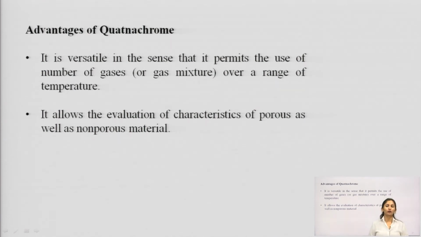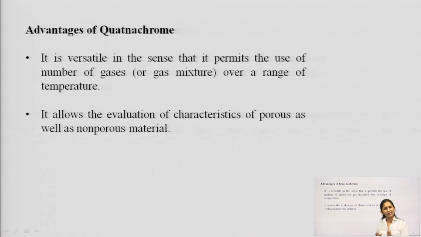Advantages of the Quantachrome, the instrument which we have used for the determination of the particle surface area by this adsorption method, that was the Quantasorb. The Quantachrome is versatile in the sense that it permits the use of a number of gases.